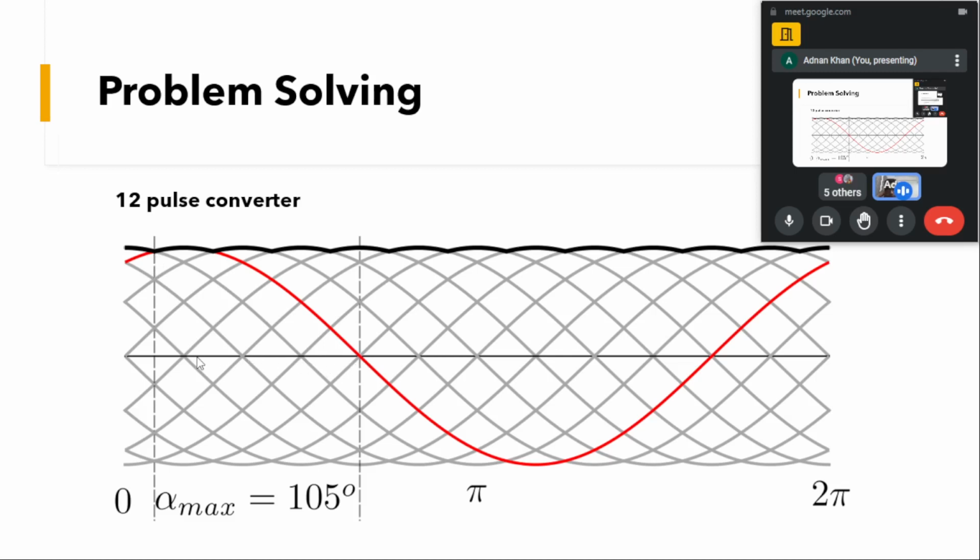This whole interval from this point to this red point is 120 degree, and alpha is from half of this 30, which is 15.